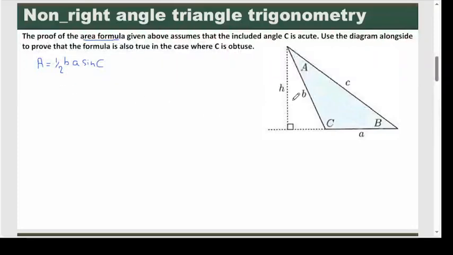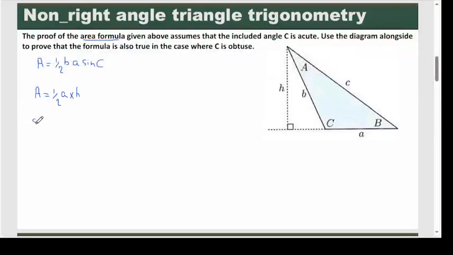Now I will go for the common formula that I always use for a triangle, which says 1/2 the base A times height, which is here. Now I try to use the sine formula.